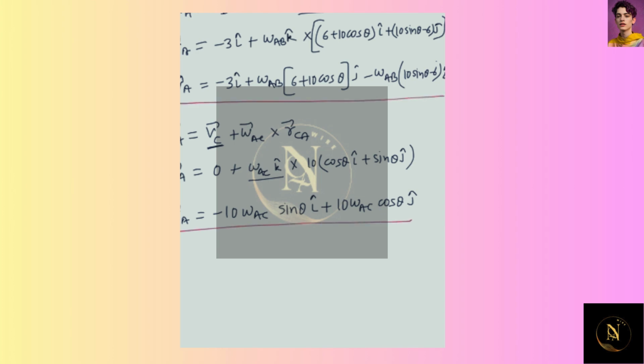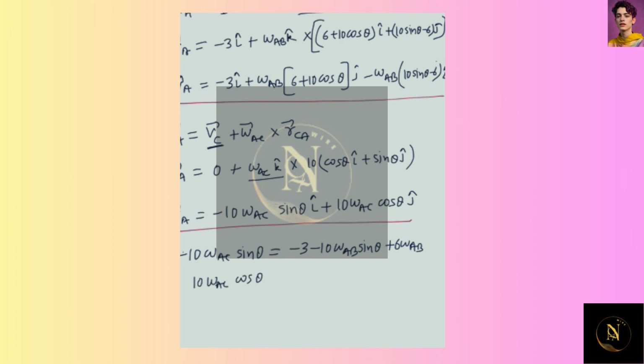Now comparing this equation with this equation, as both are equal to V_A vector, comparing i cap with i cap and j cap with j cap, we get minus 10 omega_AC sin theta equals minus 3 minus 10 omega_AB sin theta plus 6 omega_AB.